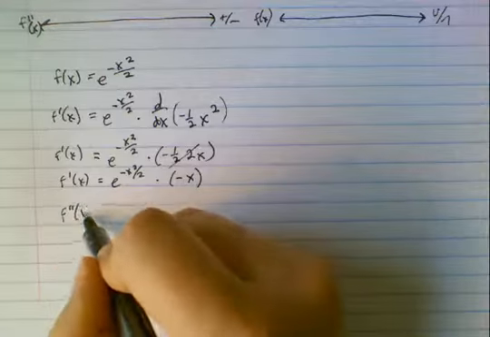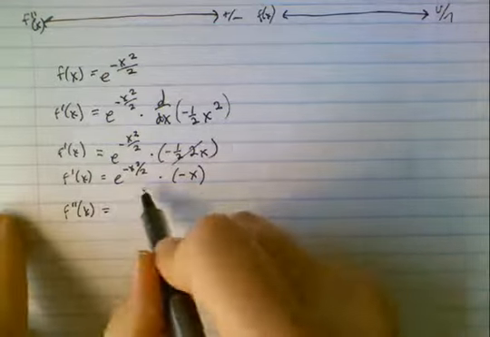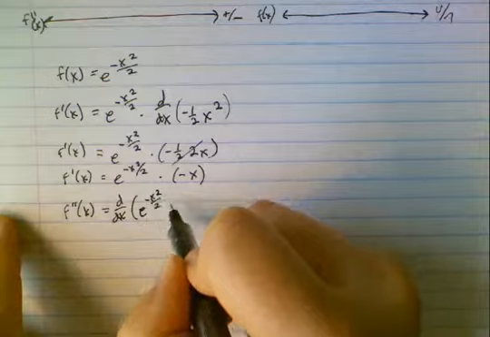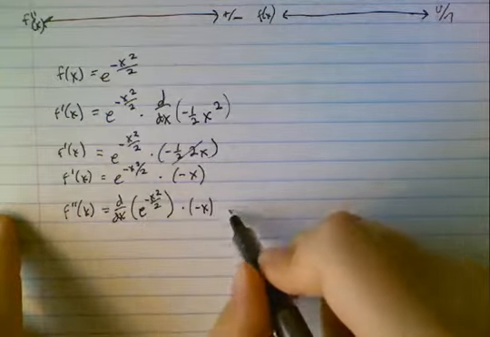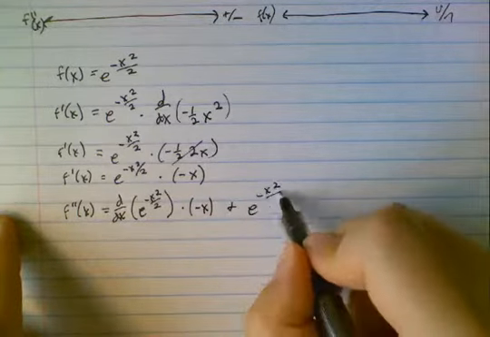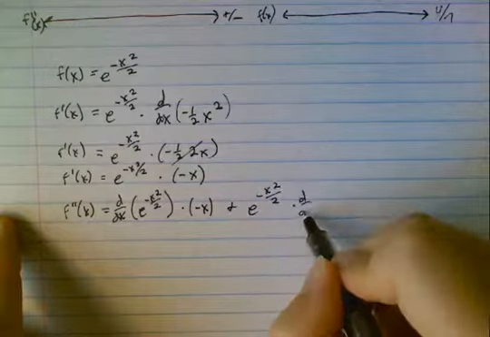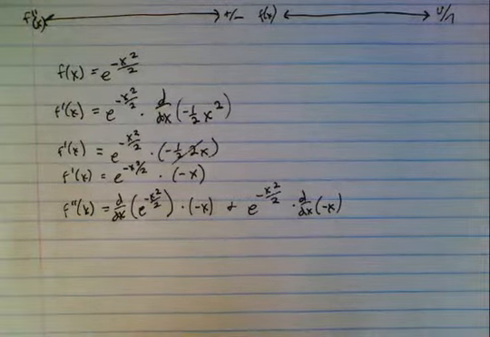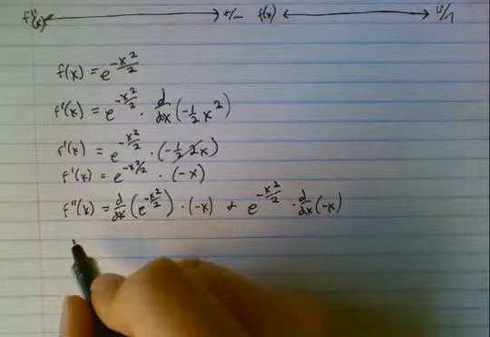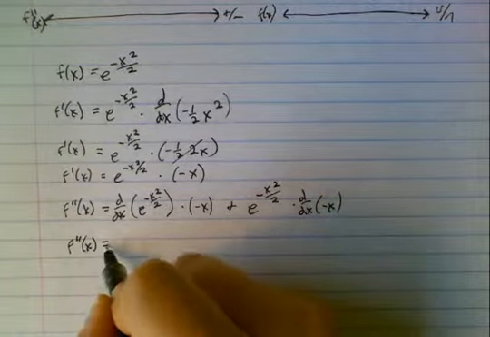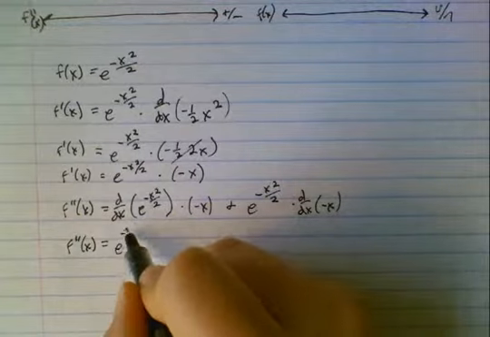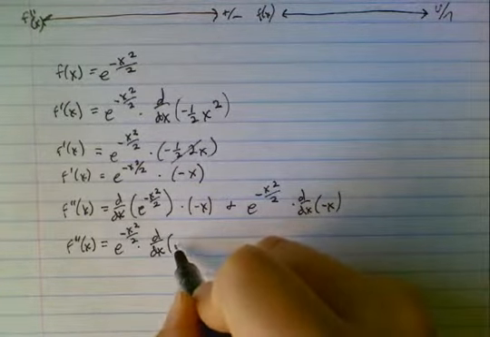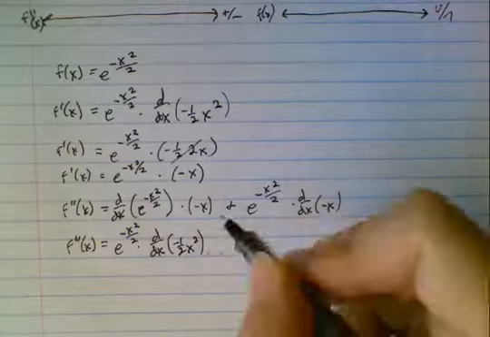So f double prime of x, we're going to take the derivative another time. Notice product rule. Once again, we're going to need to chain rule this puppy. So the derivative of this is e to the negative x squared over 2 times the derivative of negative 1/2 x squared.